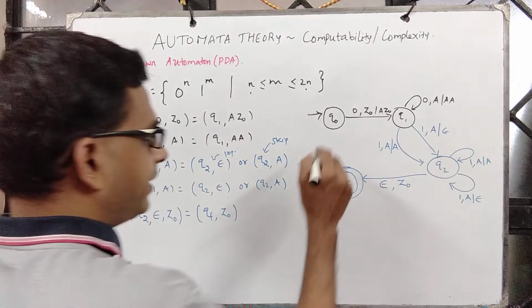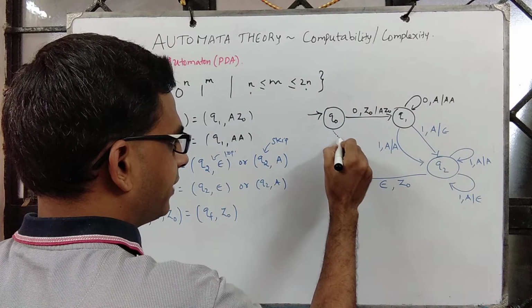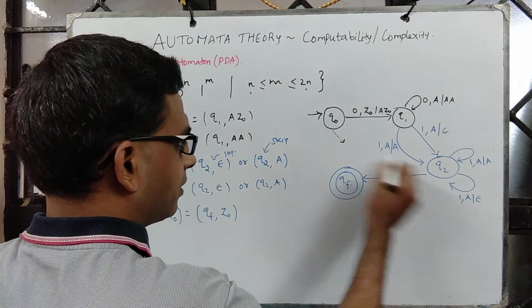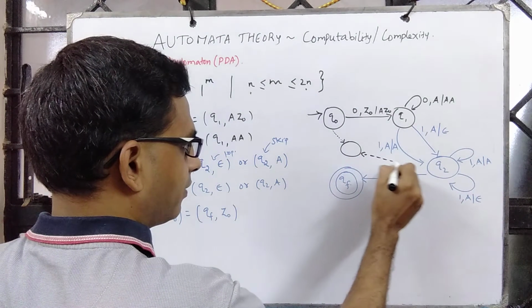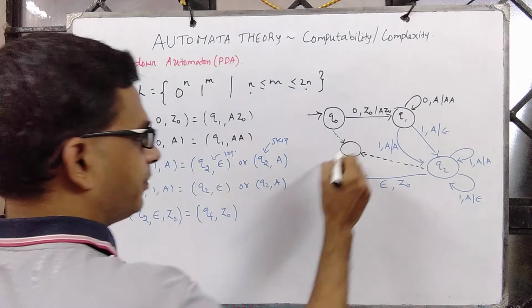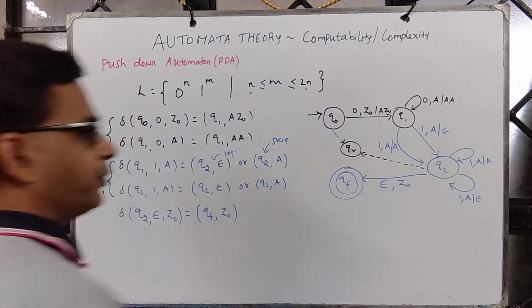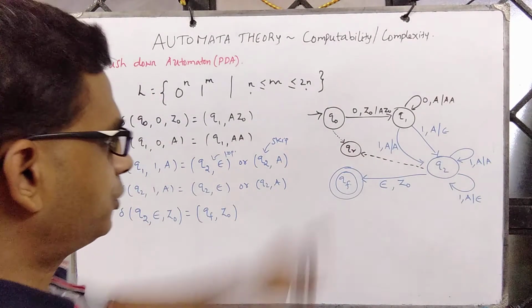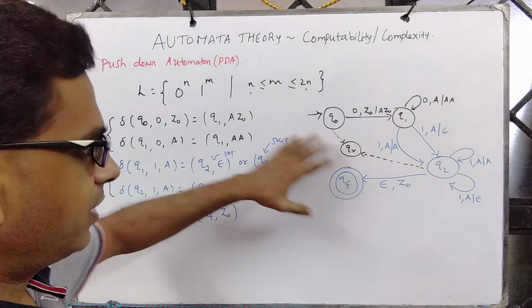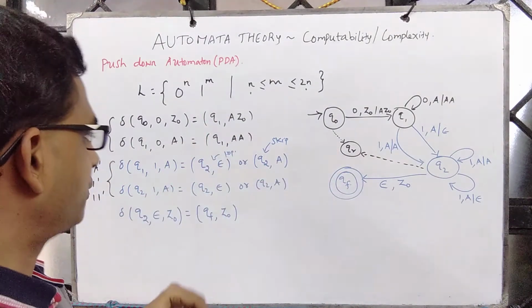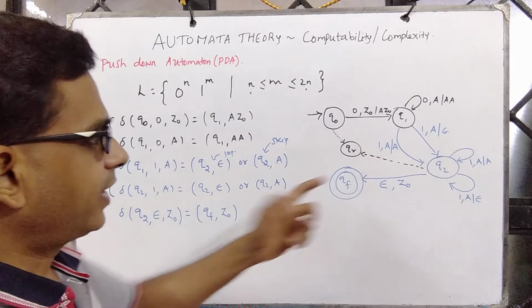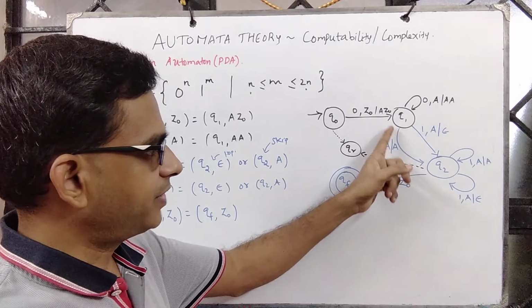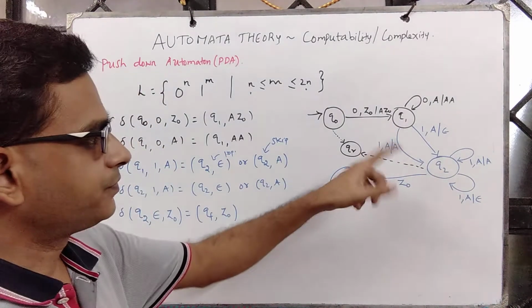Now at some point in time, you get to see that either there is a 1 at the start or a 0, from here you move to QR. These two I have not described here, but it's very similar to what we have described so far. So this clearly tells you that non-determinism happens over here.